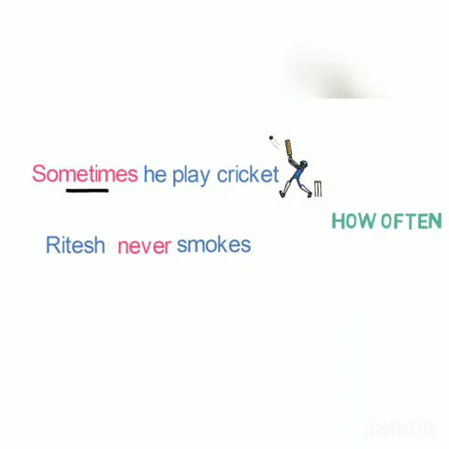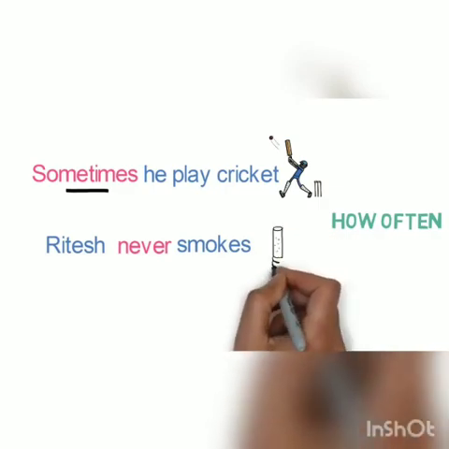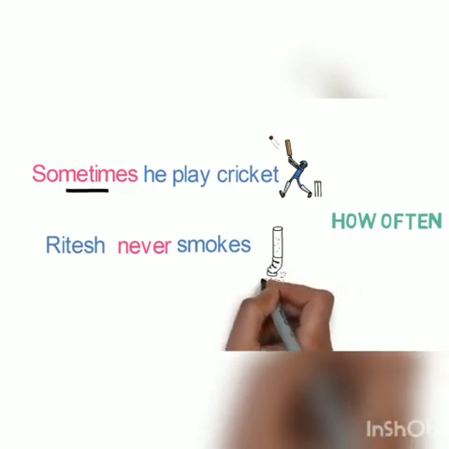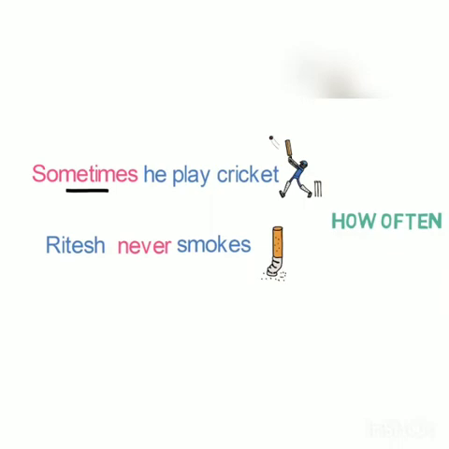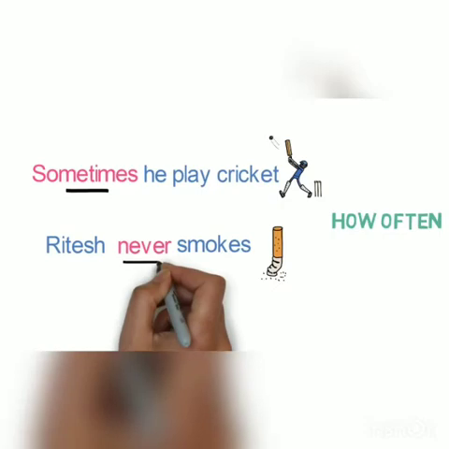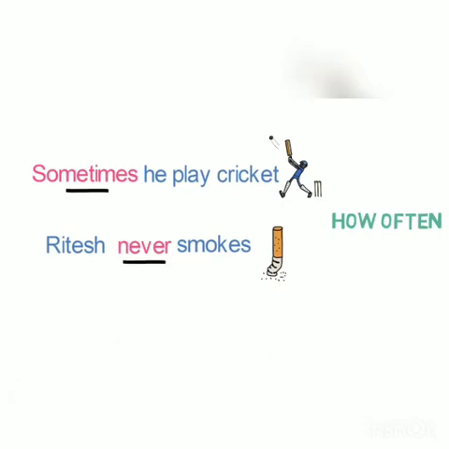Ritish never smokes. Here never tells us that he never smokes, telling us the frequency of his smoking. So never is an adverb here. So this adverb describes the frequency of the action. These are called adverbs of frequency. So now we have seen the examples of adverbs that are describing the verb or any action.